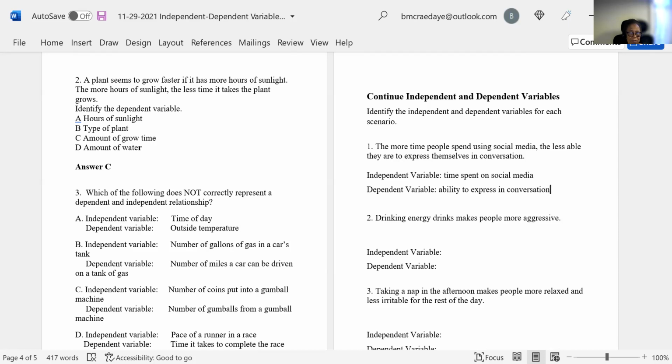You don't see even people together, one is on the phone, the other one's on the phone. So that time spent on social media is minimizing the actual verbal conversation people are having. The more time they spend on social media, the less able they are to express themselves. So expressing yourself in conversation is dependent upon the time spent on social media.